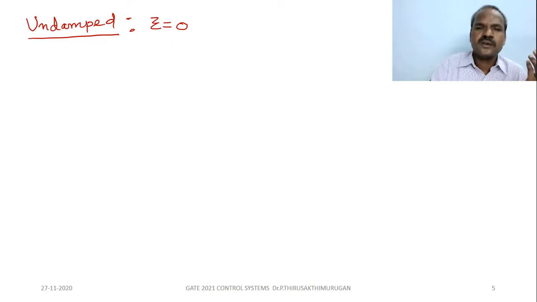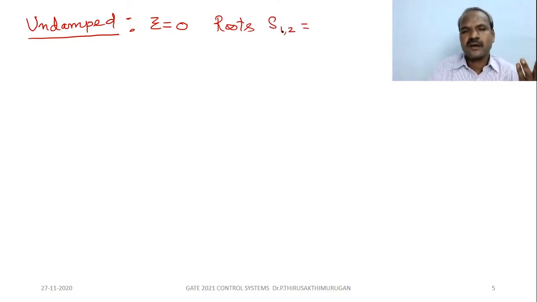So what are the roots? Since zeta is equal to 0, the roots S1 and S2: zeta belongs to the damping factor, so that part is 0. Then what do you get?